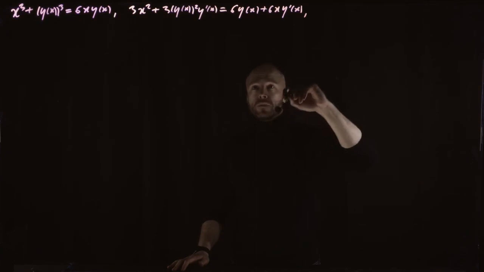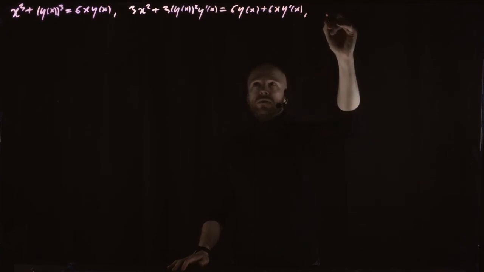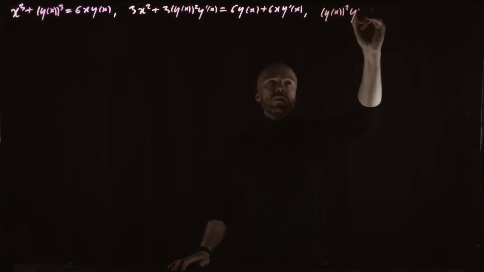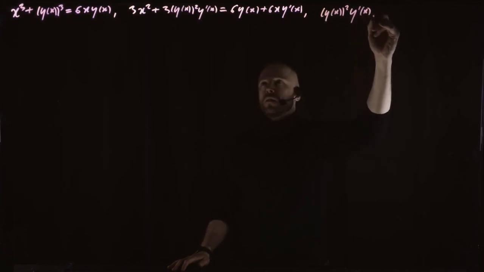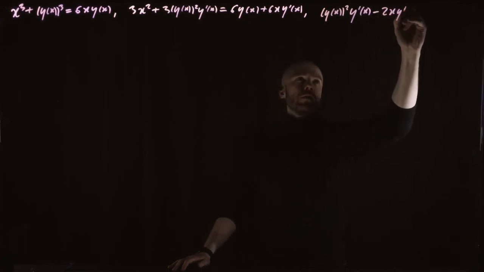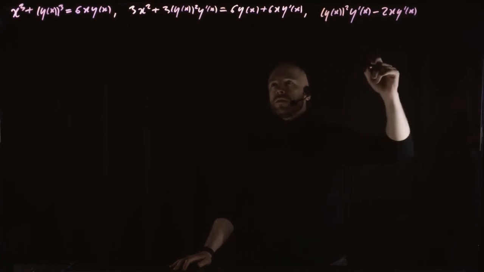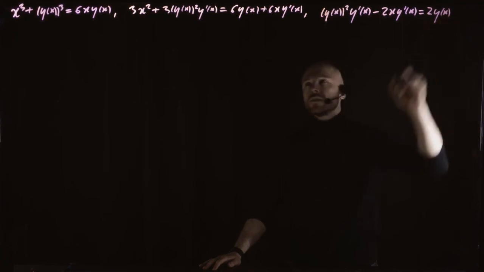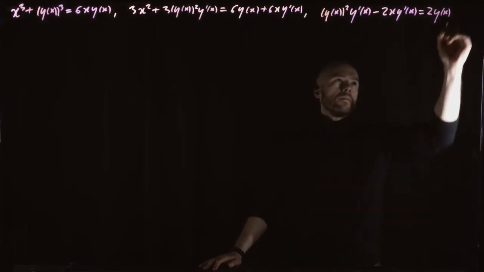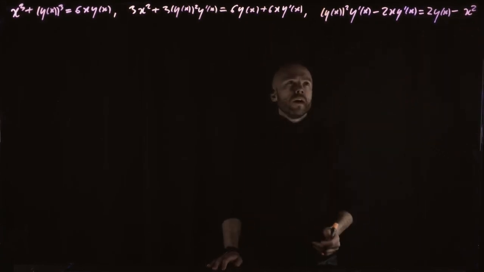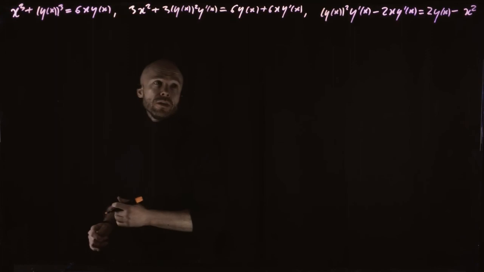So we are going to have y of x squared, y prime of x, minus 2x y prime of x, and the other stuff on the other side equals 2 y of x minus x squared. So I've divided by 3 as well. And then we're going to factor for y prime.